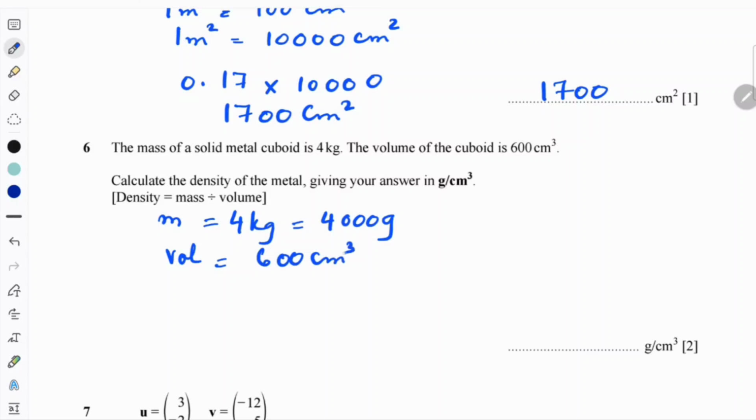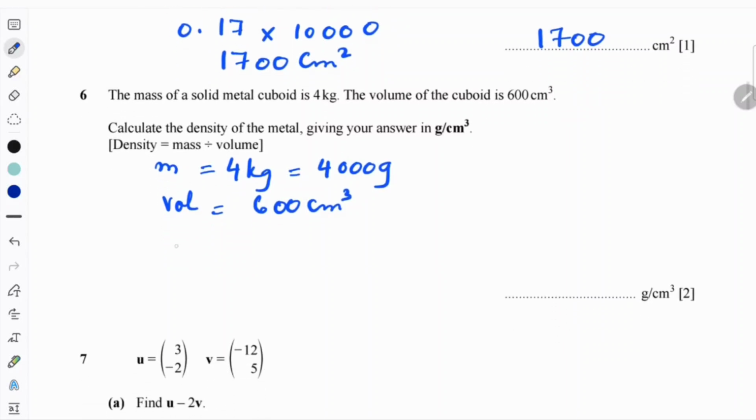The volume is already given, which is 600 cubic centimeters. The density formula is density equals mass over volume. The mass is 4,000 grams and the volume is 600 cubic centimeters, because they are asking for the answer in grams per cubic centimeter.